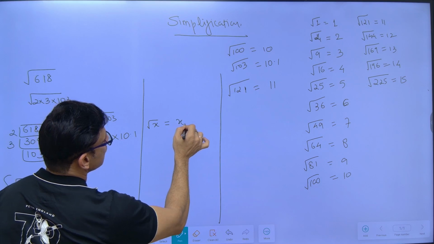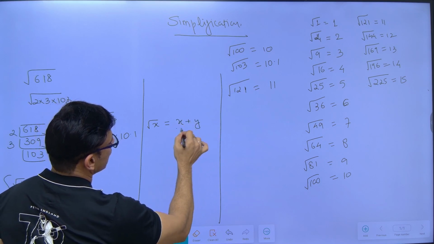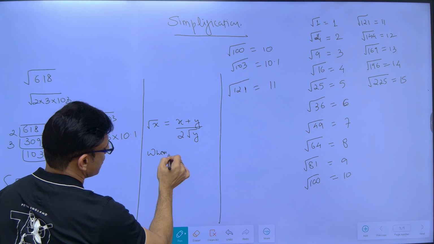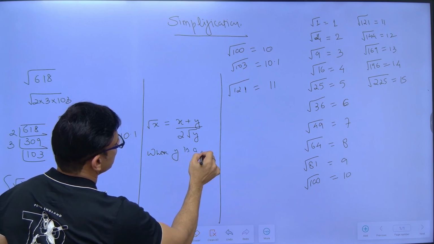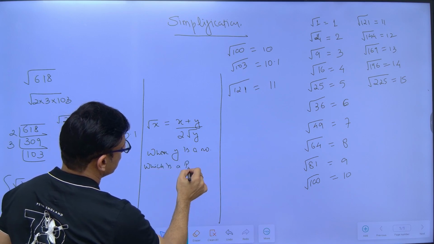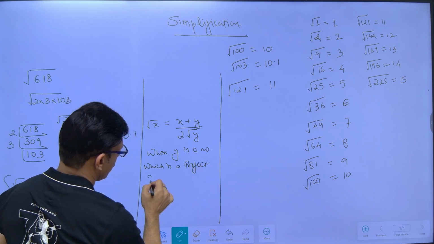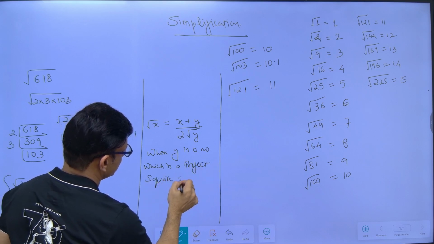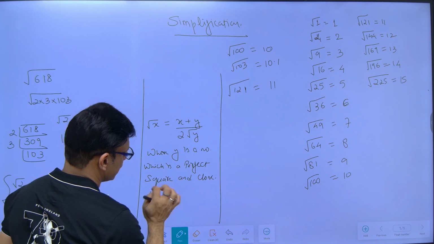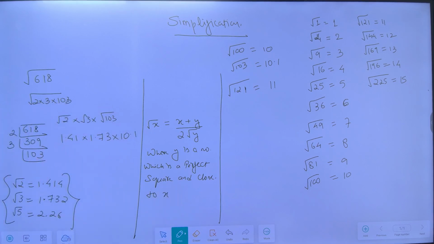You take x, write another y, 2 times of under root of y, where y is a number which is a perfect square and close to x. A number which is closer to x, but at the same time it should be a perfect square. And then you can find out the value of that particular number.